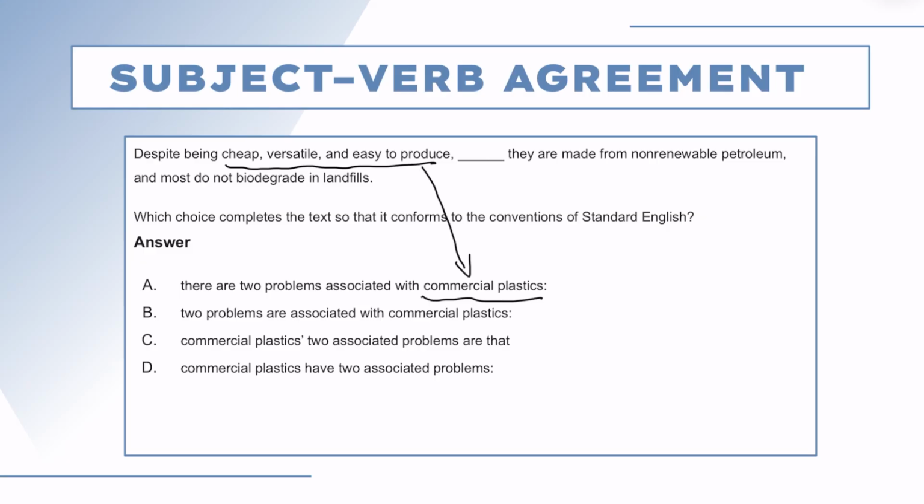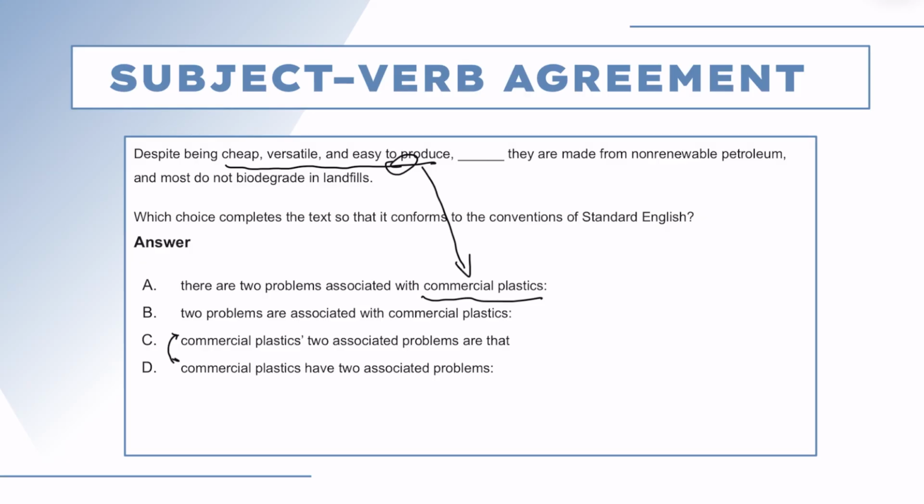So looking at that, commercial plastics is going to have to come right after this modifying phrase because you need to know what this is talking about. Because if you were just to say there are two problems, it wouldn't be describing what is cheap, versatile, and easy to produce. So the answer is going to be whatever has commercial plastics right after the modifying phrase.